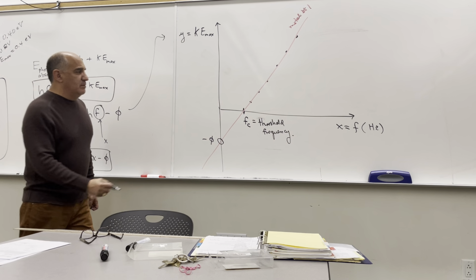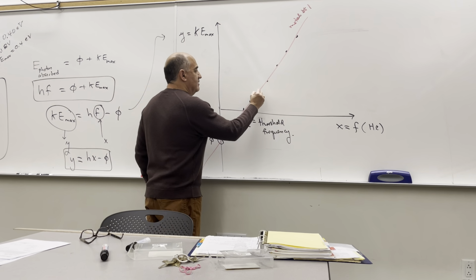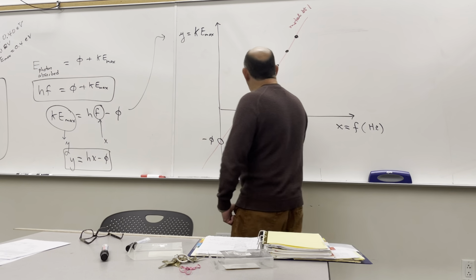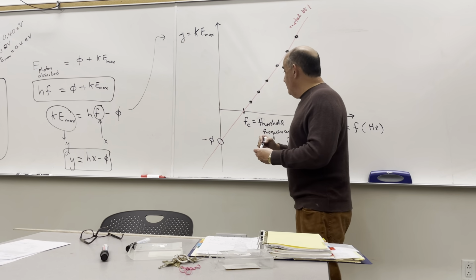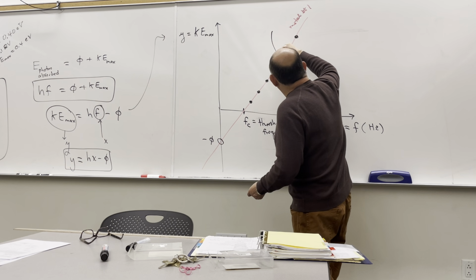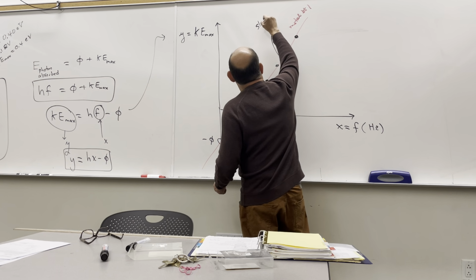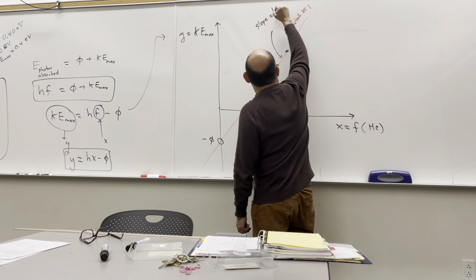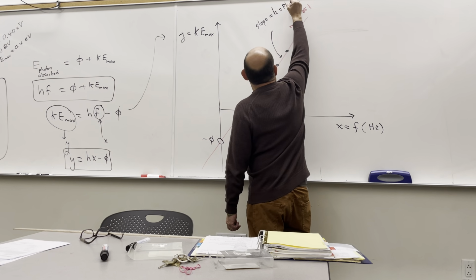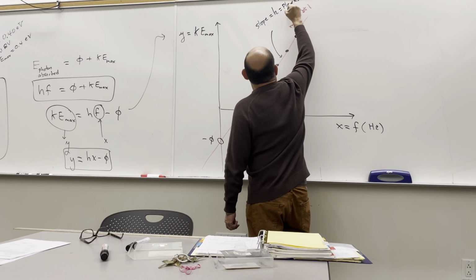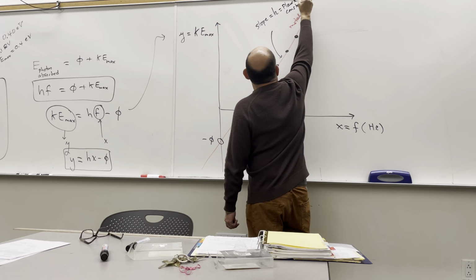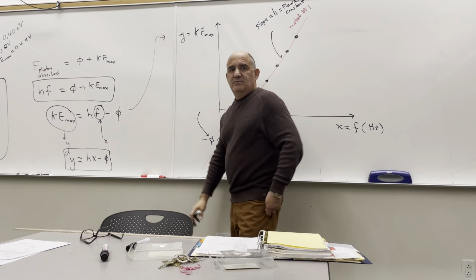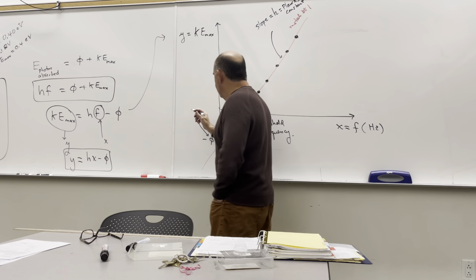By just plotting the maximum kinetic energy with which the electrons come out, you can measure two things. You can measure the slope, which is Planck's constant. And the y-intercept is the work function, well, with a minus sign.